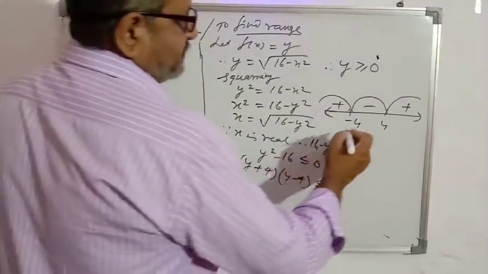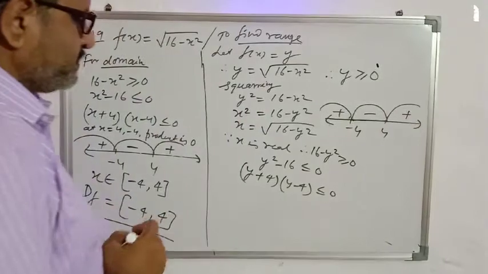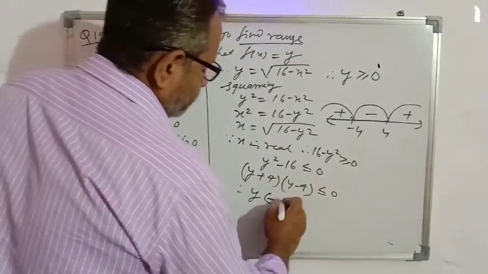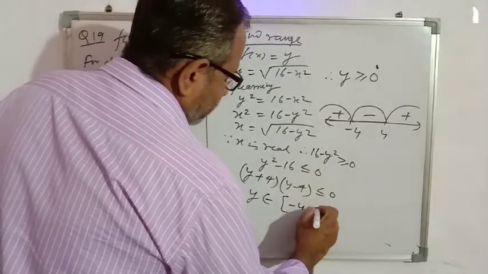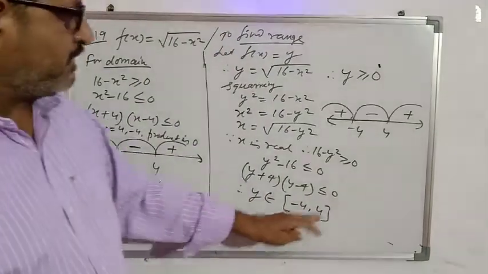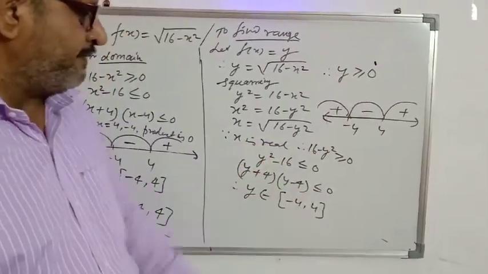It means negative is coming in this interval. So therefore y belongs to [-4, 4], because in this interval the product is negative.